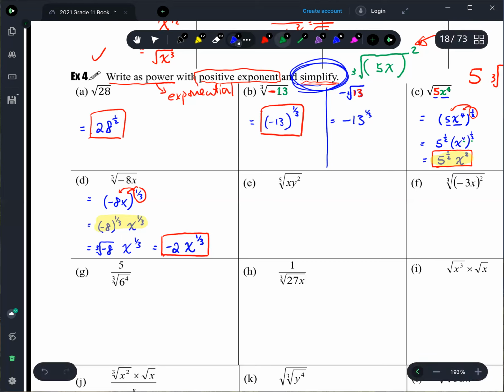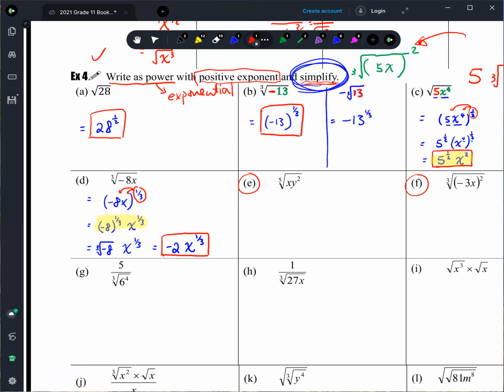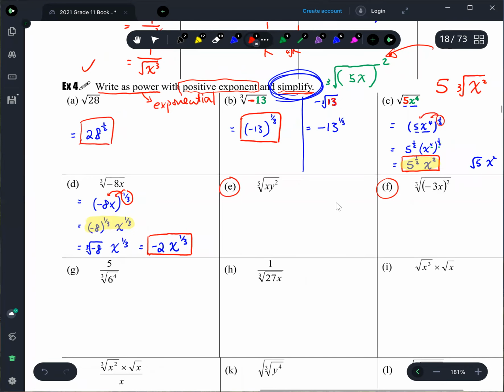I will let you try these two questions together. So finish both of them. When you are done, you can raise your hand. Let's see if this time you guys got the correct final answers. When you are done, both E and F, then we'll check again.